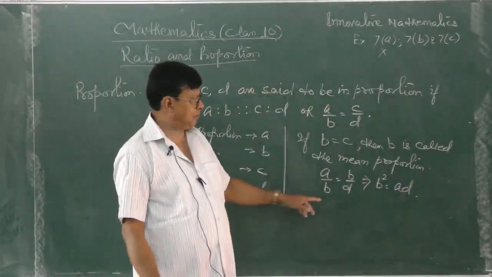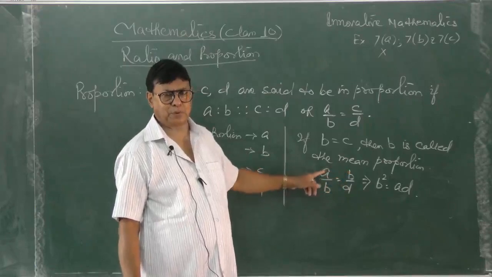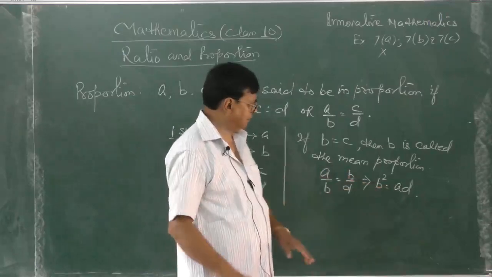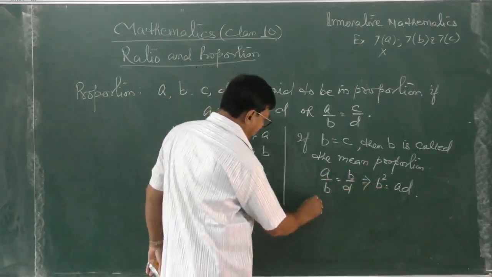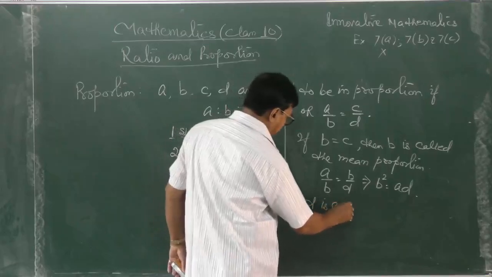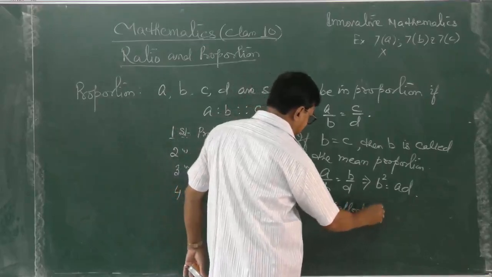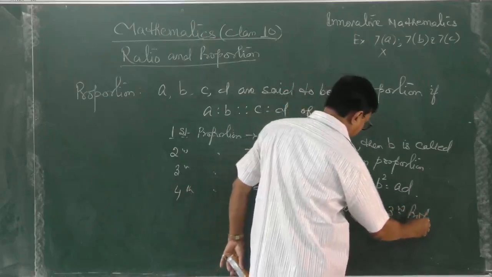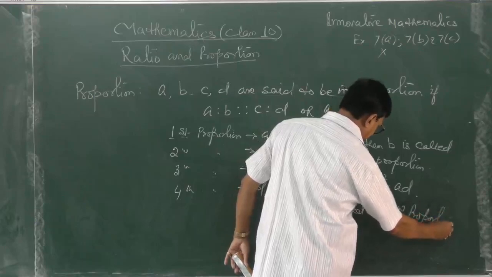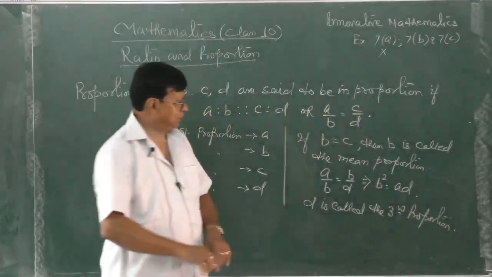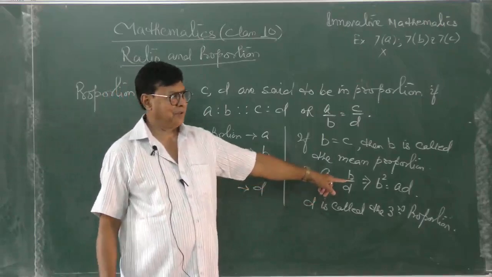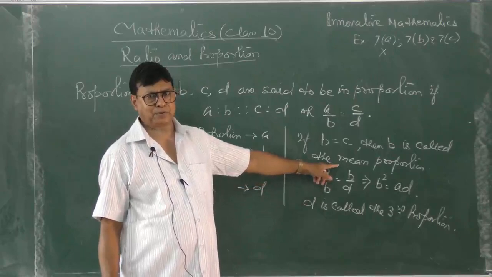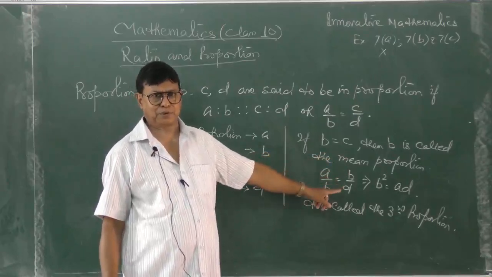So the product of the two means is equal to the product of the two extremes. Here D is called the third proportion, because there are only three, A, B and D. So A is the first proportion, B is the mean proportion, D is the third proportion, right?